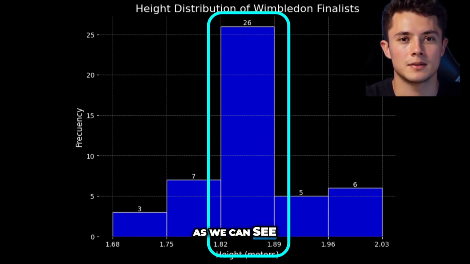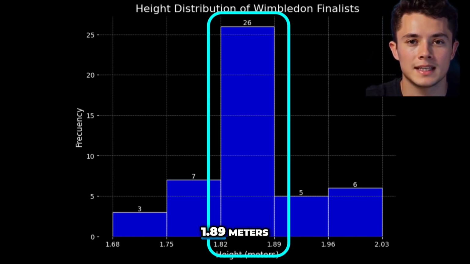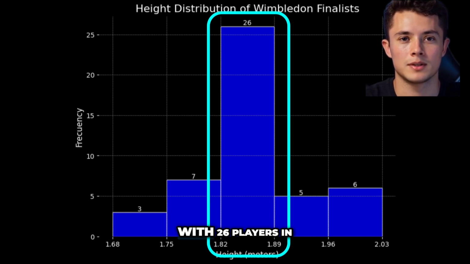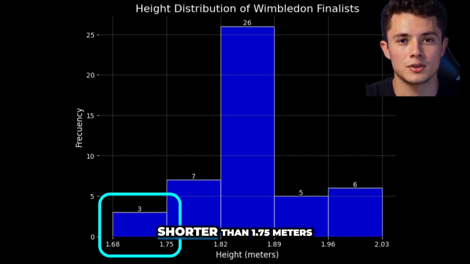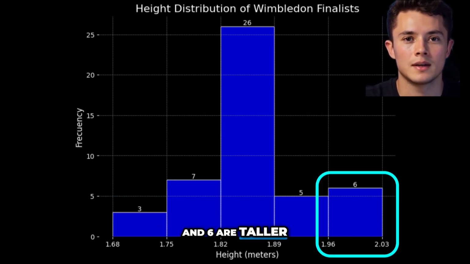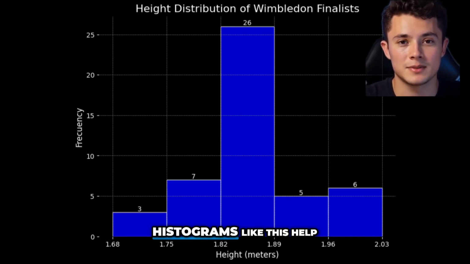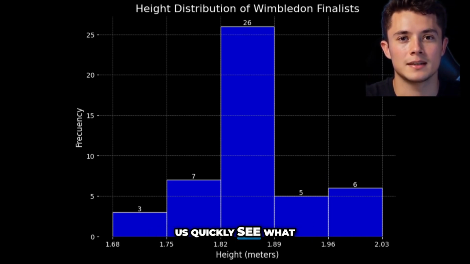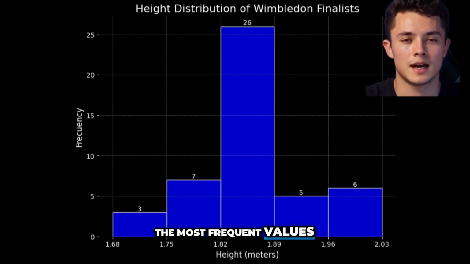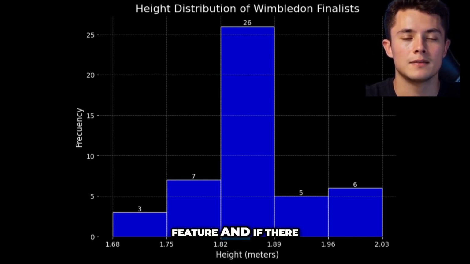As we can see, most players fall between 182 and 189 meters, with 26 players in this range. Only 3 players are shorter than 175 meters, and 6 are taller than 196 meters. Histograms like this help us quickly see what the most frequent values are for a given feature, and if there are any noticeable patterns or gaps in the data.